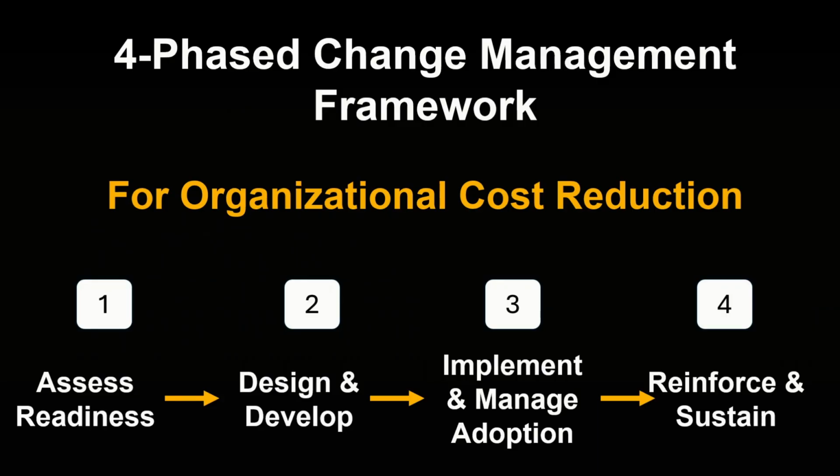Phase two is what we call design and develop. Phase three is the implement phase, where you implement your change management plan and strategy. And then phase four is what we call the reinforce and sustain phase. Next, I will go over each of these phases in detail, starting with phase one.